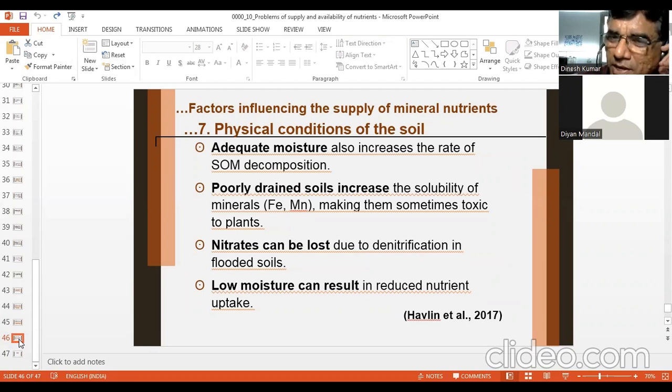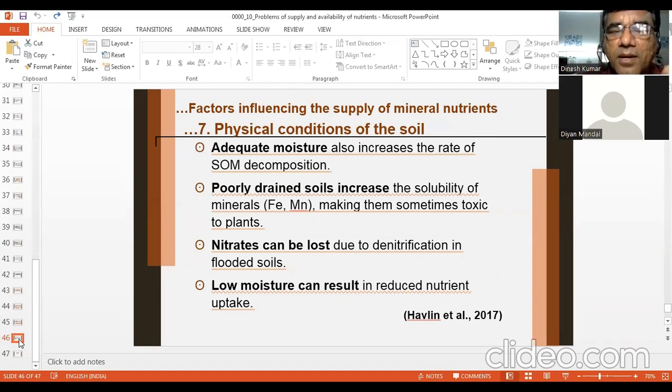It depends upon soil pH. Nitrates can be lost due to denitrification in flooded soils. Low moisture can result in reduced nutrient availability. So the physical condition will affect the availability of water, growth of the roots, and movement and accessibility of ions or nutrients.